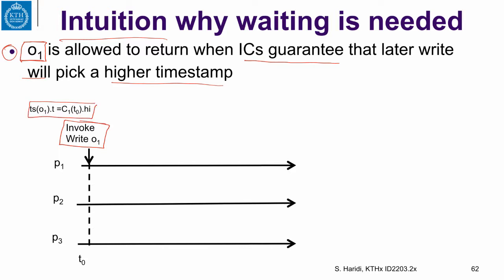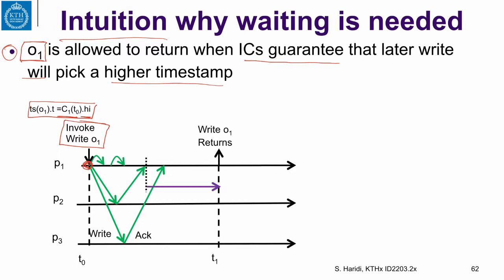The timestamp is equal to the upper bound of the interval clock at this point, the clock.high. We perform the operation, so we start the write operation. We collect acknowledgements. So here was the point where we should return, but we don't return at this point. The return will happen later here.